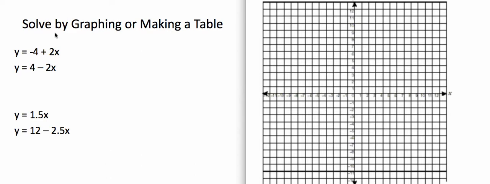We'll start by graphing the first equation. It starts at -4, so we've got a dot here at -4, and then the slope is a plus 2x, so it's going to go up 2 and to the right 1 each time.